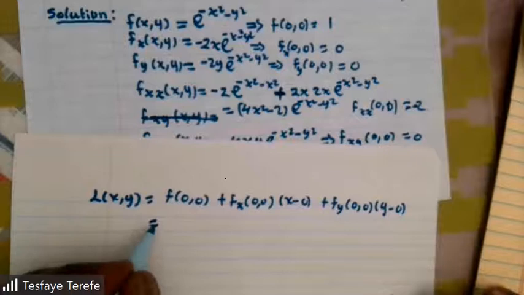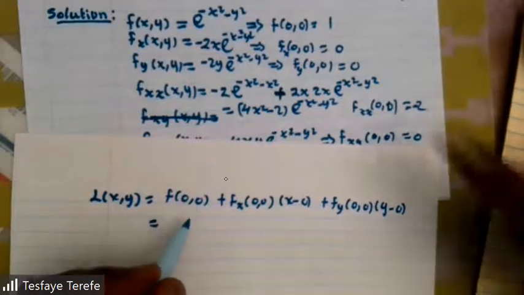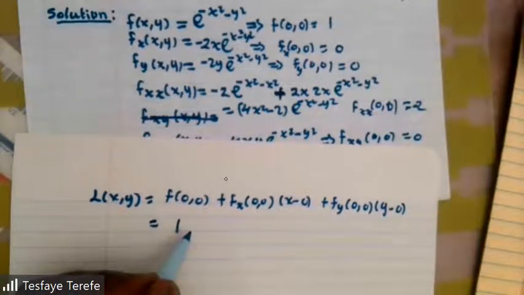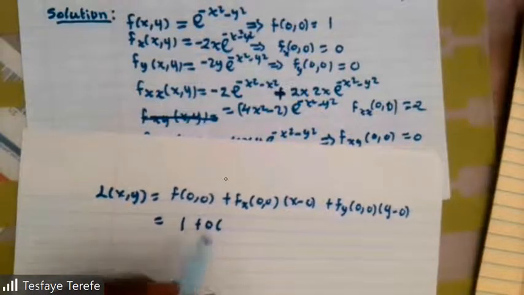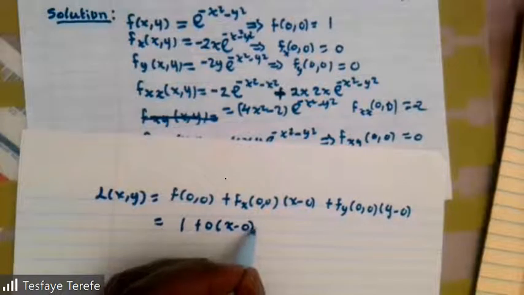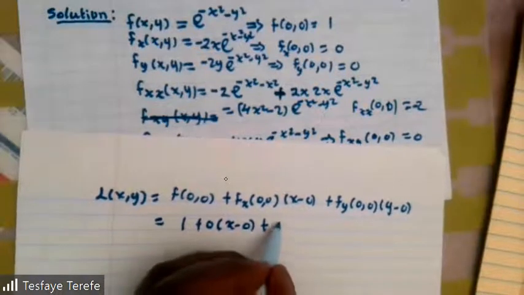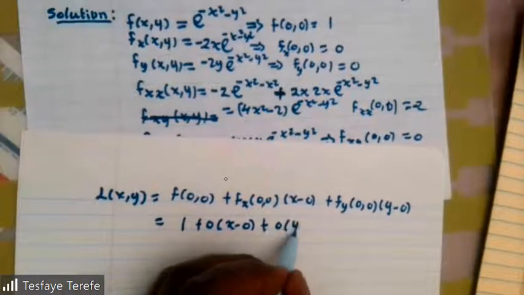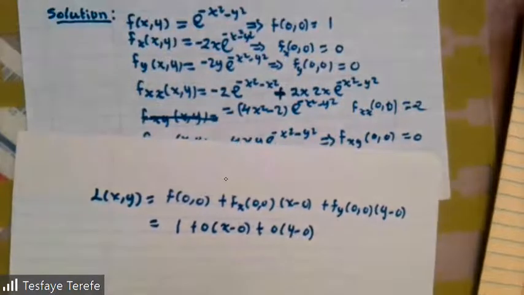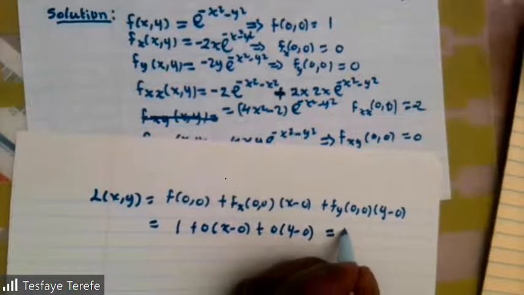And this will give us, well, this one is already 1, and the partial derivative with respect to x is 0, and x minus 0, plus that is also 0. So generally what we get is 1.